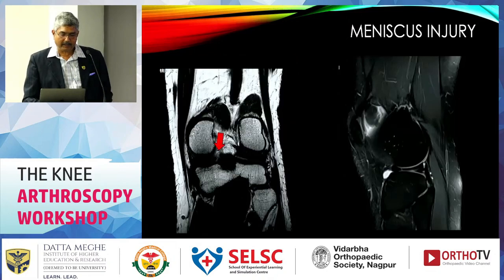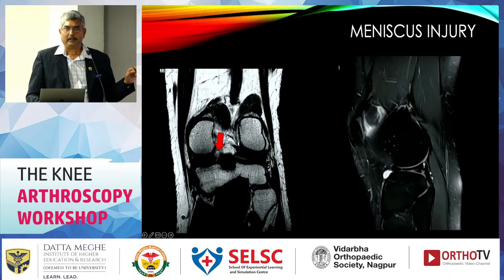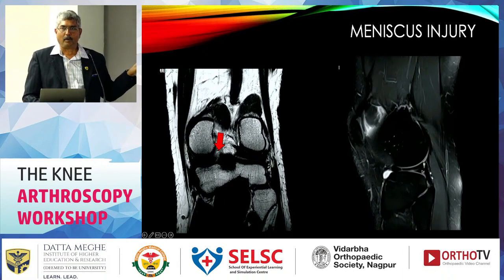Here is the posterior root tear of the posterior medial meniscus. One can see here a vertical tear and a horizontal tear, two tears in the same meniscus. So this one is a complex tear. Making out a tear is really easy. One can see the black, that is the appearance of meniscus, and this brightness which is pointing towards pathology.